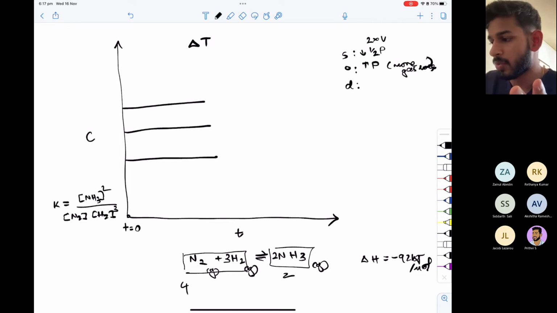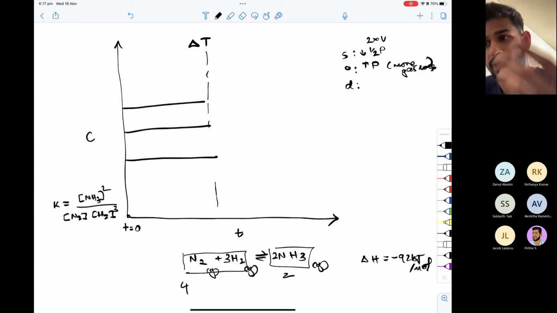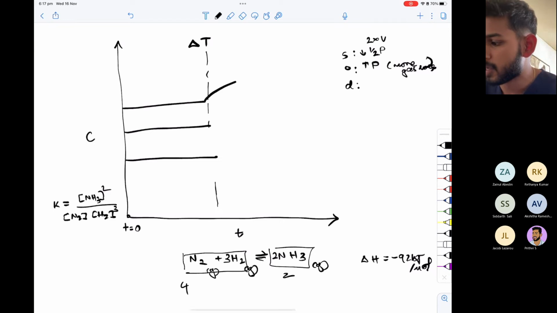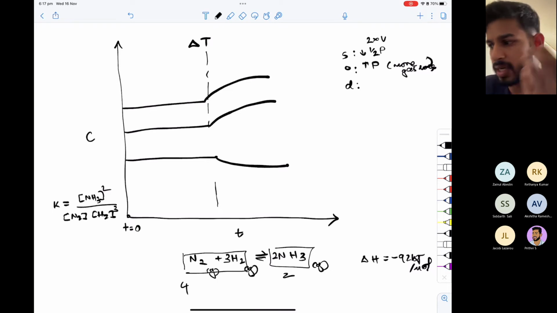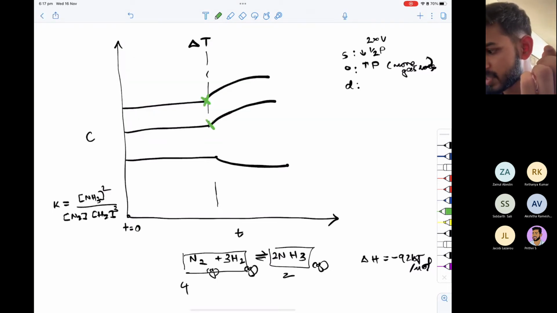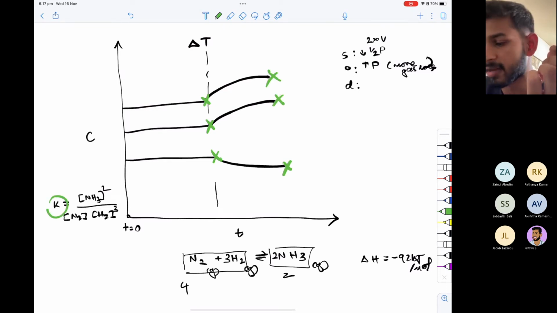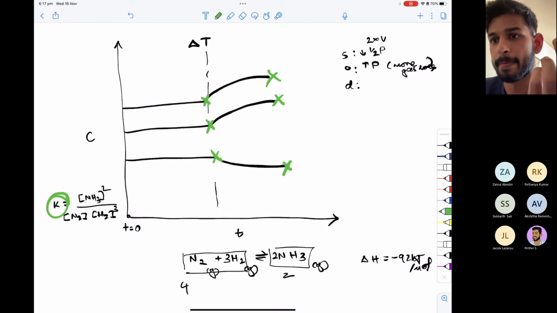With temperature, when you change the temperature at this time point, you're not changing concentration immediately. What instead happens is you affect particle collisions, and the reactants might go up and the products might go down. And now you can clearly see, mathematically speaking, these numbers have changed from there to there, and hence the K value would have changed.